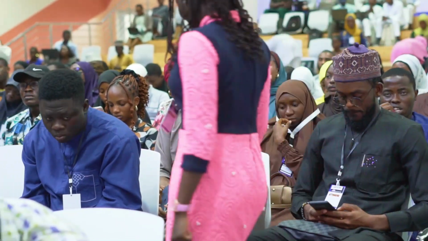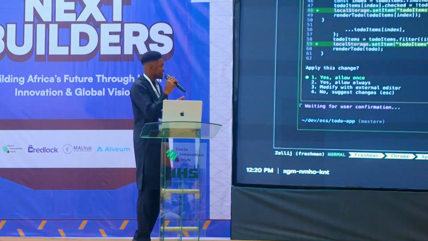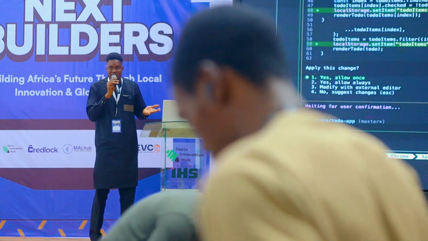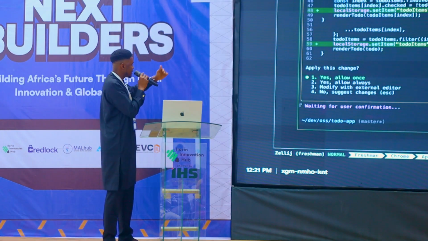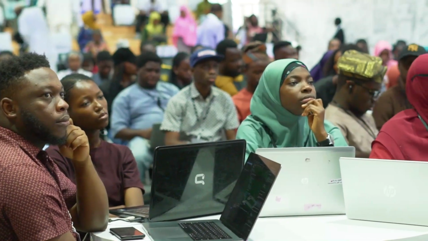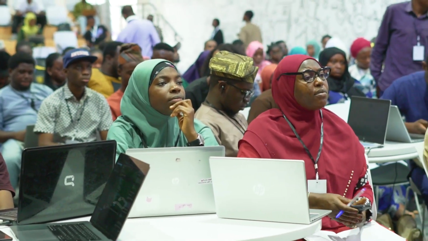Now, the good thing is that before you implement a change, you should read it first to confirm that it's actually correct. Because sometimes, not all the time, it can be wrong, right? So you have to read it to know that it's correct. Now that you can see the change, you can either choose to apply it. You can see the prompt below where you can either choose to allow it or allow always.